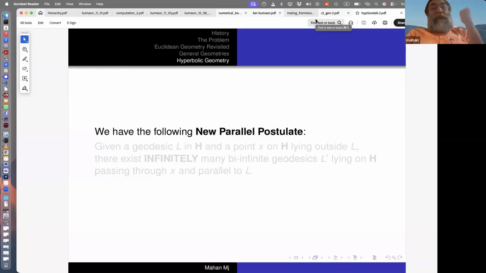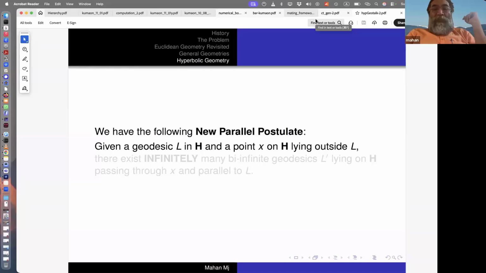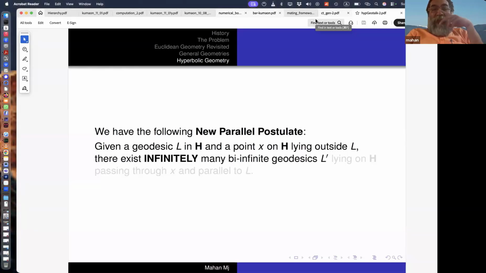And so we get the new parallel postulate, which says the following: given a geodesic L, which means the vertical line, and a point X on H lying outside it, there exist infinitely many bi-infinite geodesics L prime lying on the upper half plane H, passing through X and not meeting L.